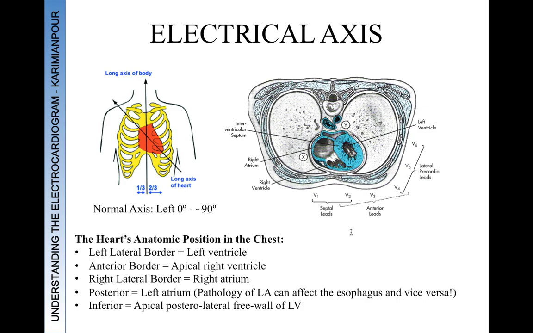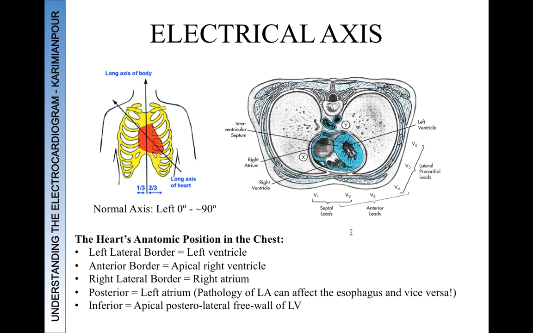Sometimes these come up in board questions where they give you, for example, a patient who received a stab wound to the chest and they ask you what structure of the heart is affected. They may say that the patient was eating a piece of chicken and the chicken bone got stuck in their esophagus and perforated through and they developed cardiac tamponade, and what structure was affected, which would be the left atrium.